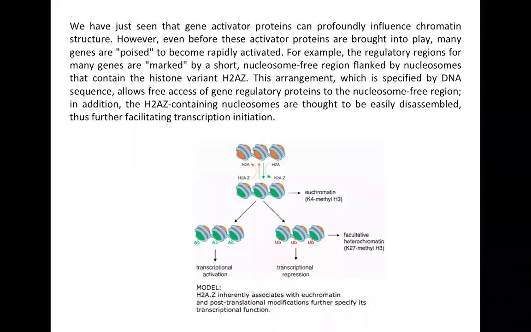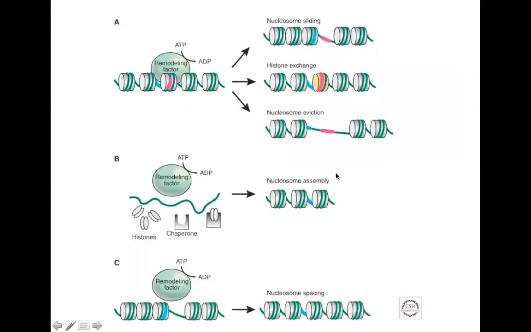So we have seen that these histone modifications and gene regulatory proteins can influence the chromatin structure. But even before these activator proteins can bind to the DNA and carry out the modifications, consider the region before the transcription site.